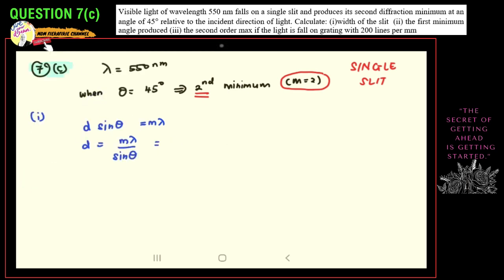Okay, so let's substitute. 2 times 550 exponent negative 9 over sine 45. Okay, so the answer is 1.56 exponent negative 6 meter.